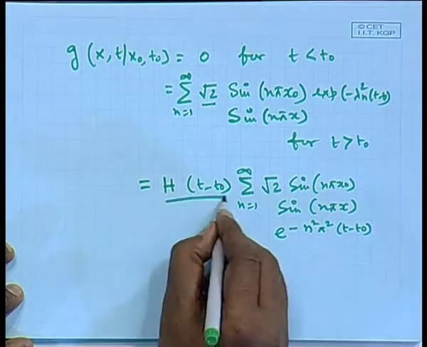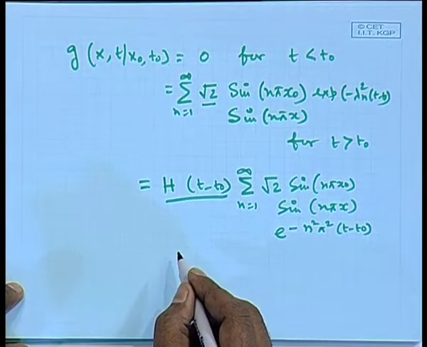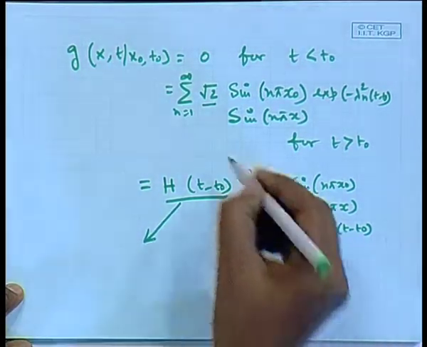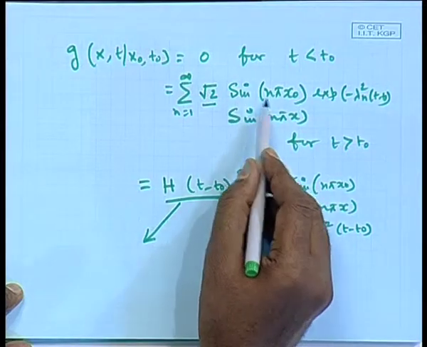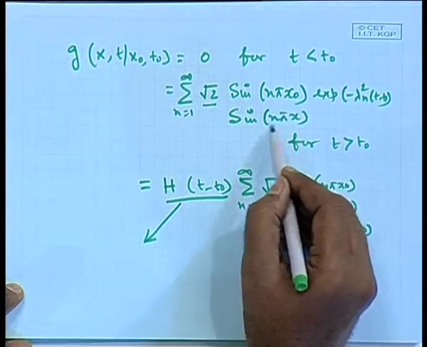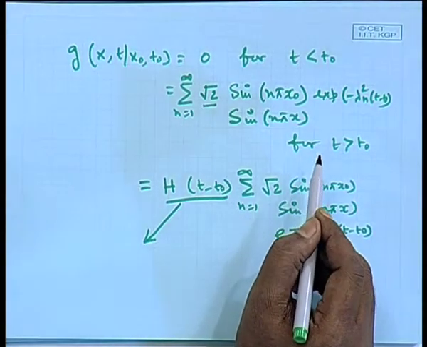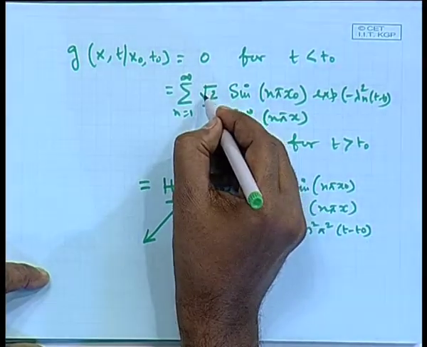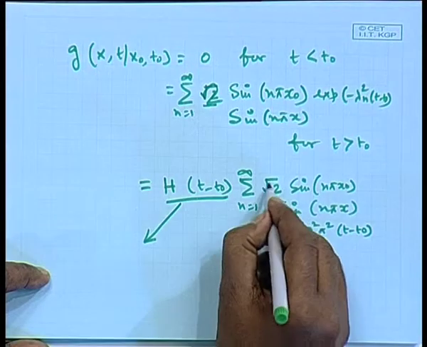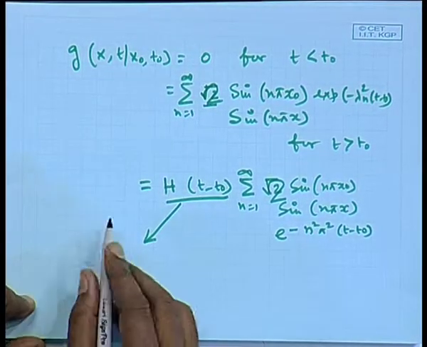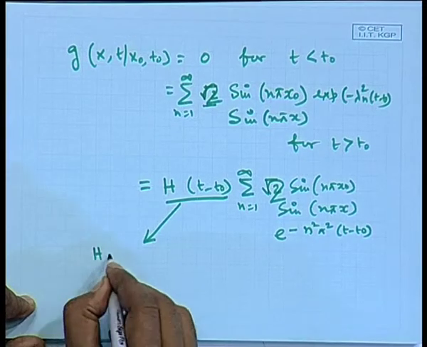Now, this h(t minus t naught) is known as a Heaviside function. It will be 2, that is correct. So, one root 2 will be coming from sin n pi x naught, another will be coming from sin n pi x, because eigenfunctions are orthonormal and the coefficient coming in front of it is root 2. So, it will be root 2 square, so it will be 2. Now, this h is called a Heaviside function.